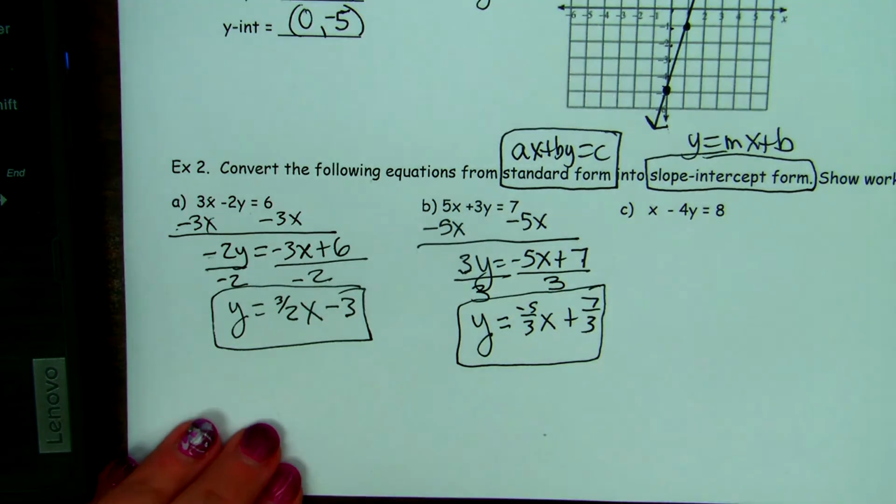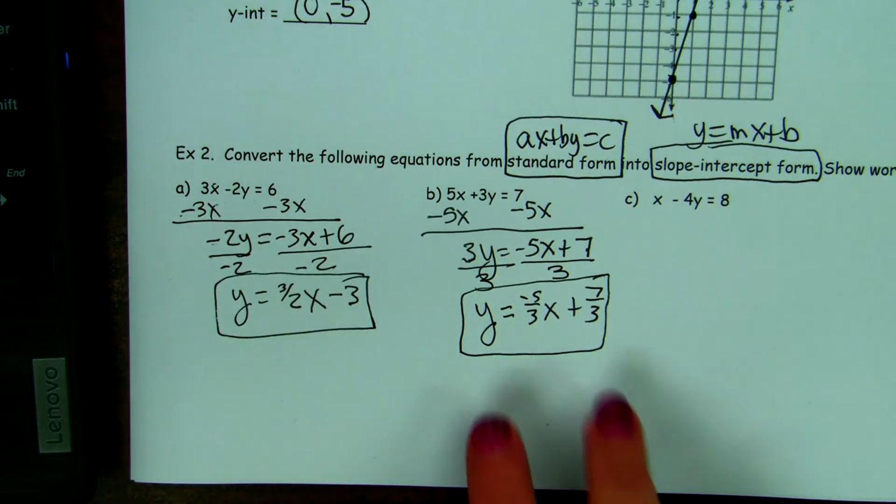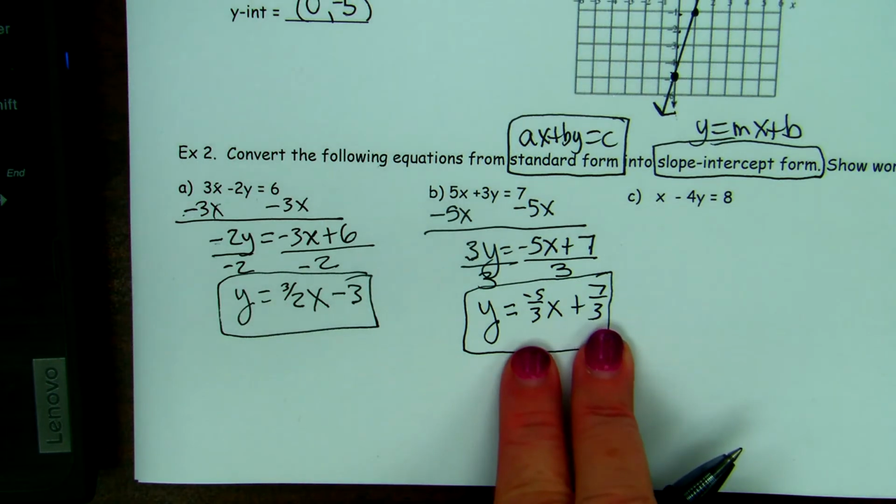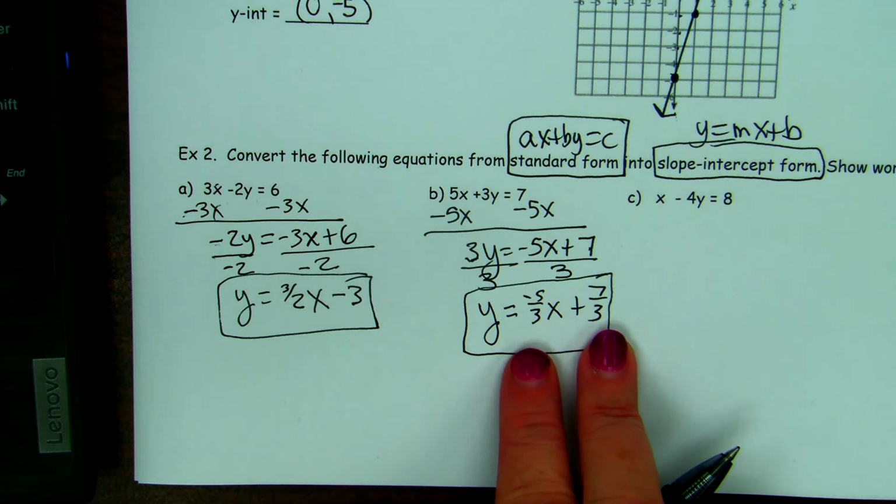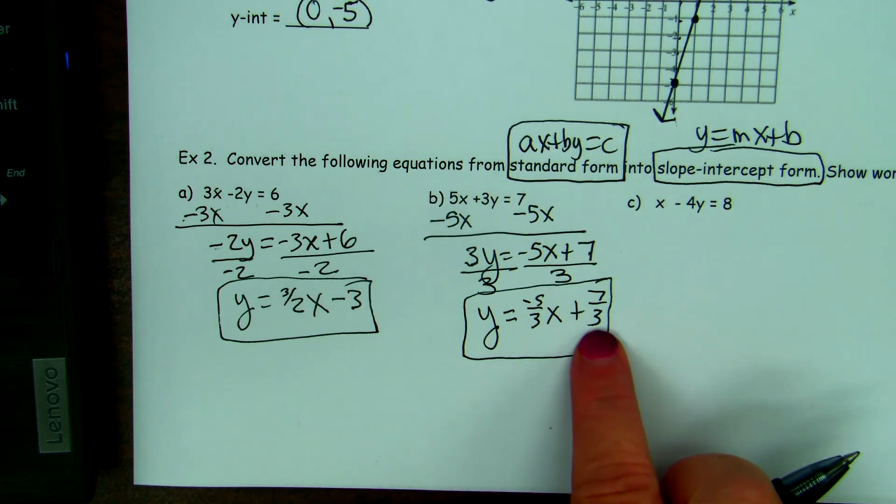So what's the slope of this line? Negative 5/3. And where does it start on the y-axis? 7/3, or 2 1/3. You can divide 3 into 7 to find out where on the graph it would be.